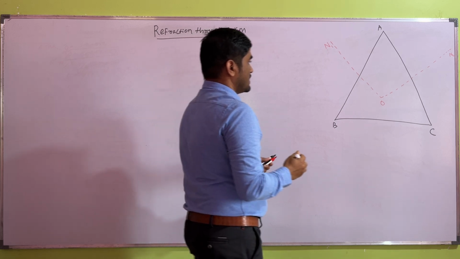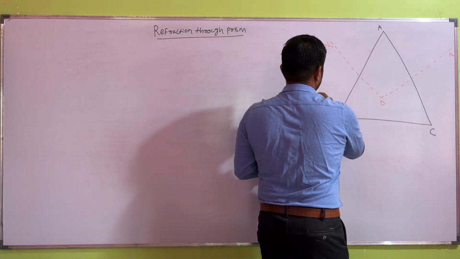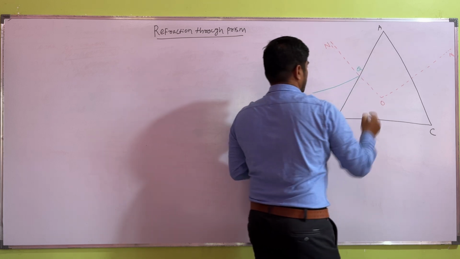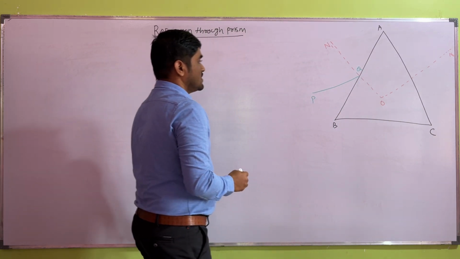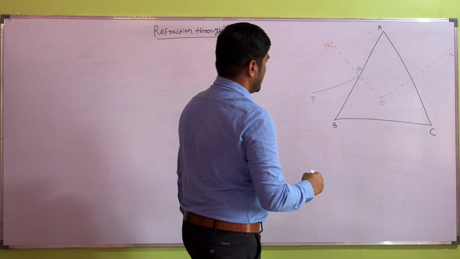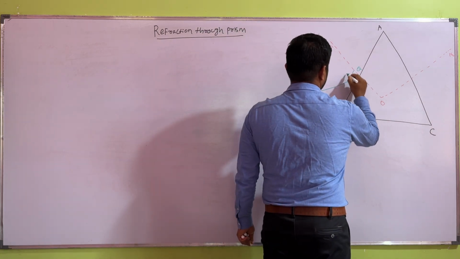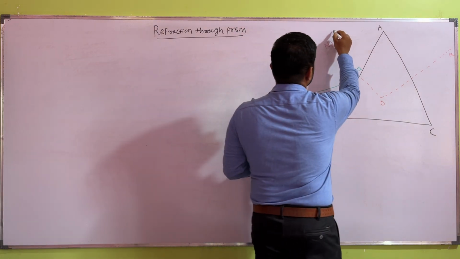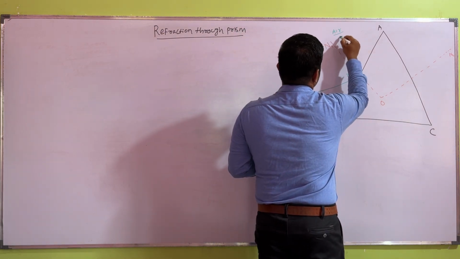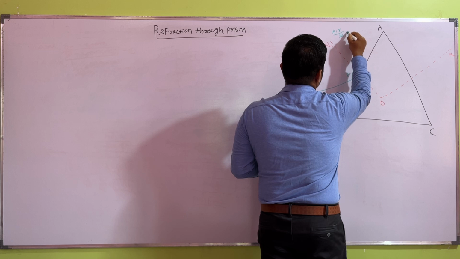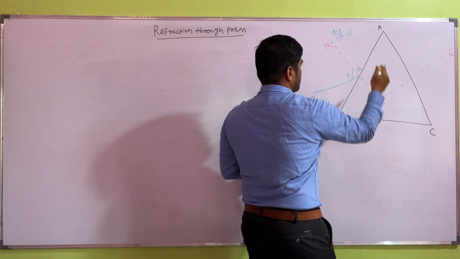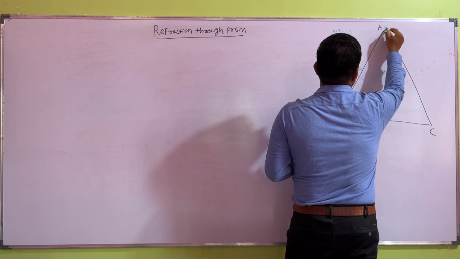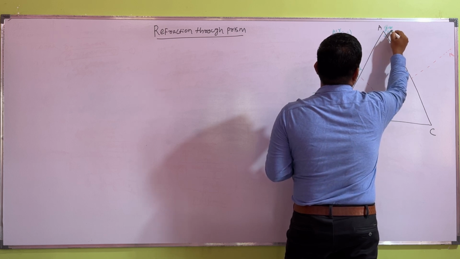Then let PQ be the incident ray, which is incident with an angle I with the normal. This medium is air with refractive index mu1, that is 1, the refractive index of air, and the prism is made of glass, with refractive index, let's say, mu2.